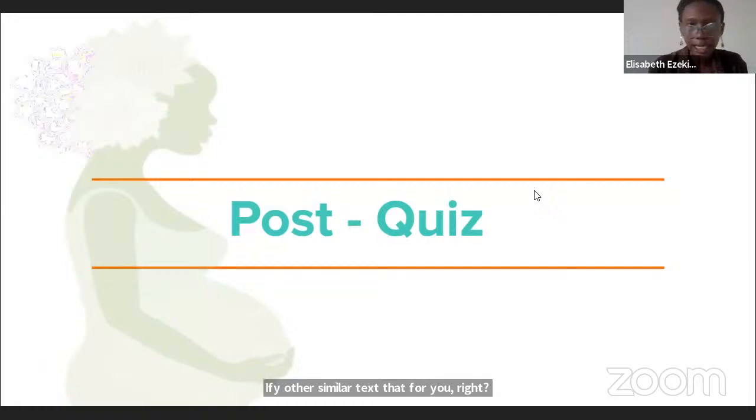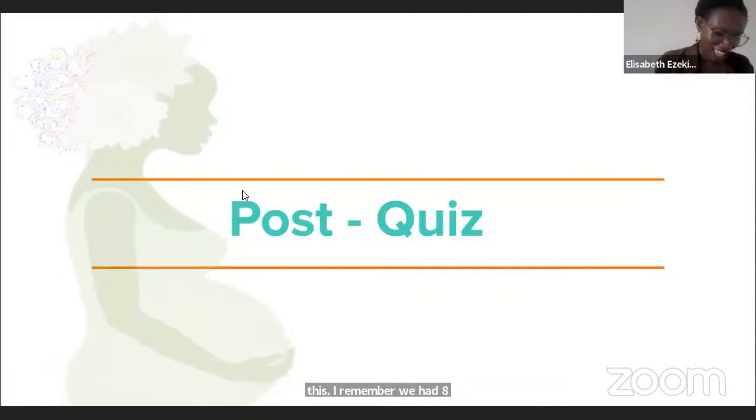Next question is, what are the steps in the life cycle of developing and deploying an AI model? A, preparing the data, converting the data, and processing the data. Remember, we had 8 steps during the session, right?